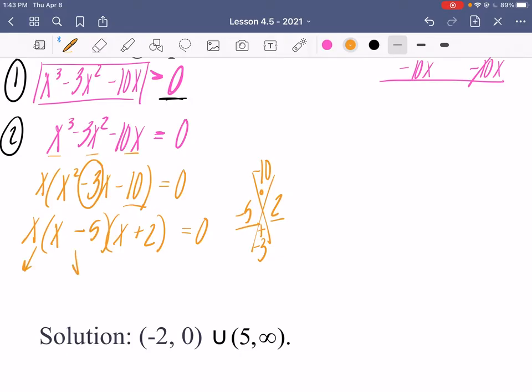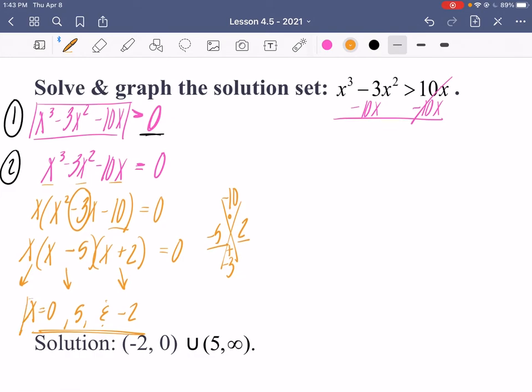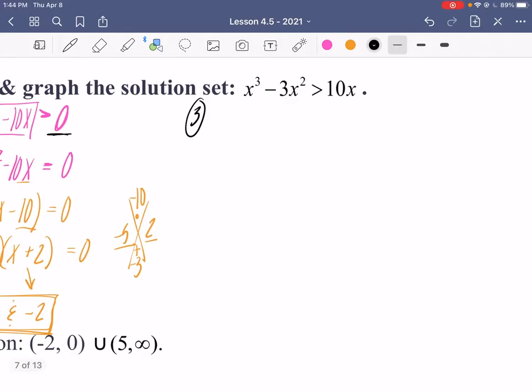Okay, zero product property, split these up, set them equal to 0. You get x equals 0, 5, and negative 2. So these are my boundary points. Okay, step number 3, I'm going to erase this real fast. Step number 3, we set it up on a number line. All right, so here's my number line.